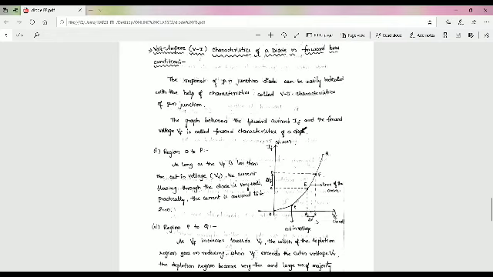If voltage increases, current automatically increases. This increase in current is exponential. The point P, after which the forward current starts increasing exponentially, is called the knee of the curve.